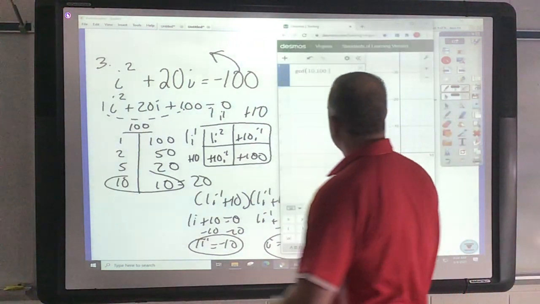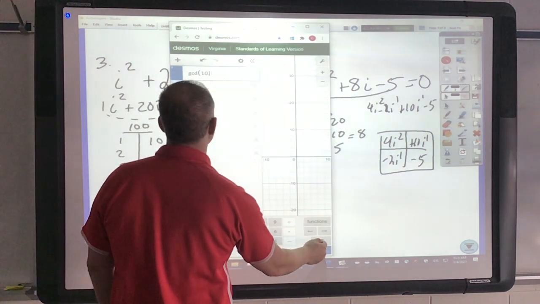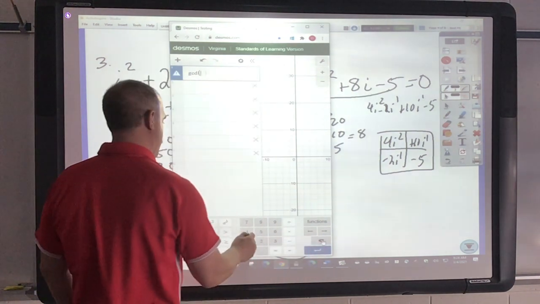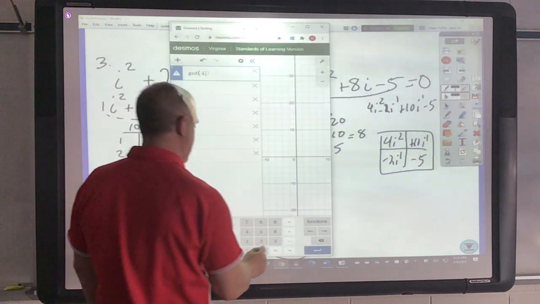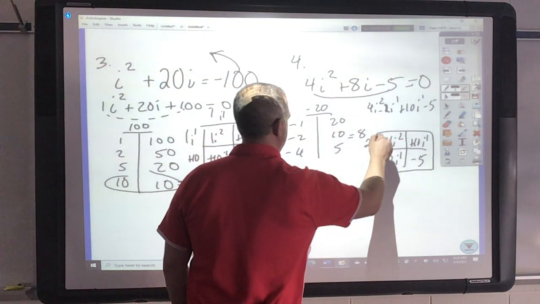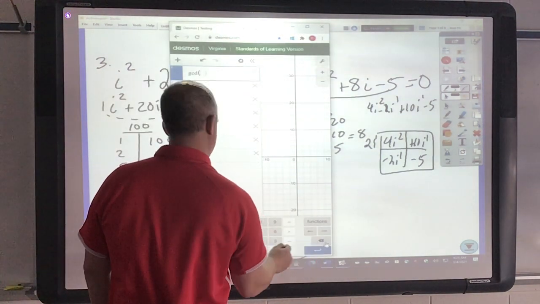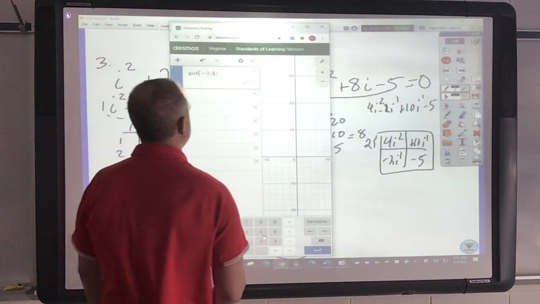Okay, and then it's doing the GCF stuff. So I got 4 and 10, which is 2i to the first. And then negative 2 and 5, which is 1.